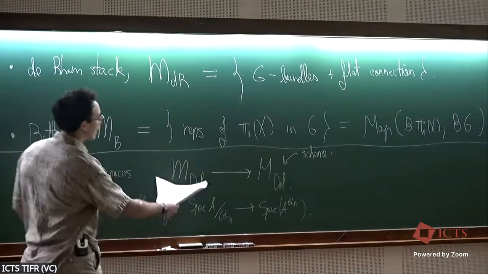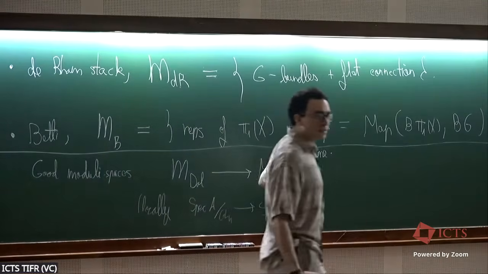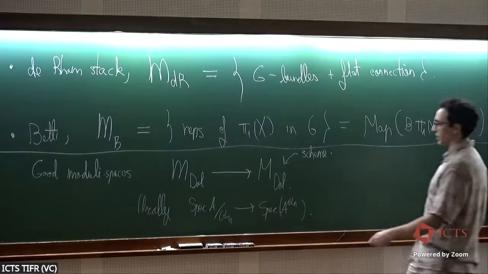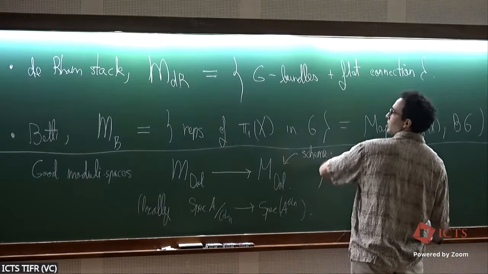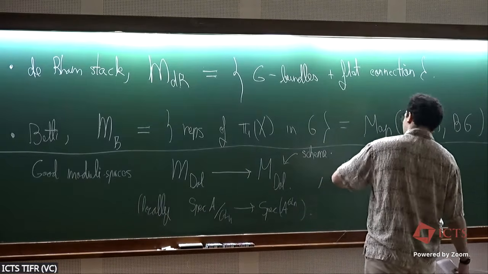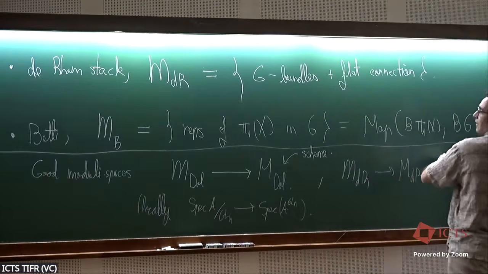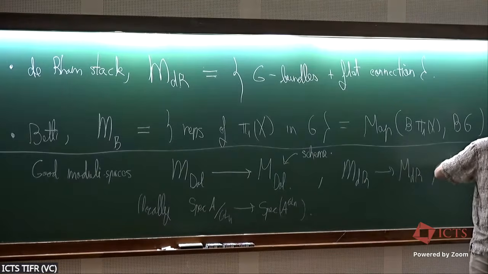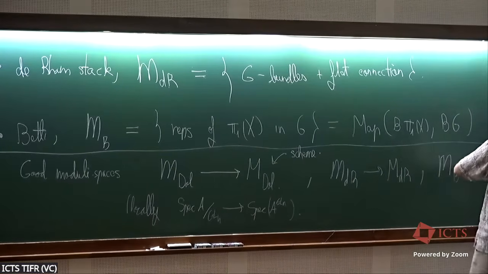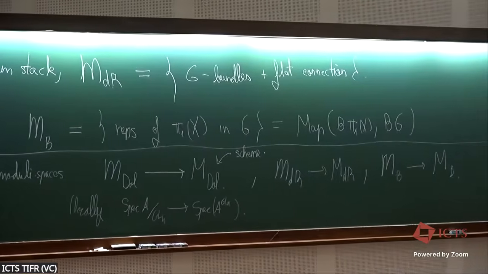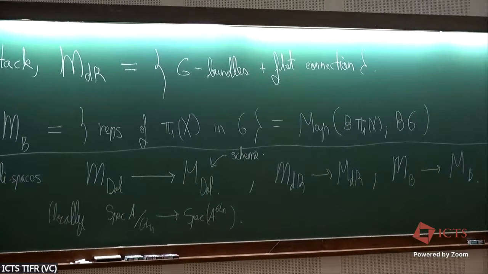So locally on the stack, this moduli space is given by the spectrum of the invariants, so it's a GIT quotient. And there's also a good moduli space for the de Rham stack and the Betti stack. And they are all schemes, and they are quasi-projective varieties.